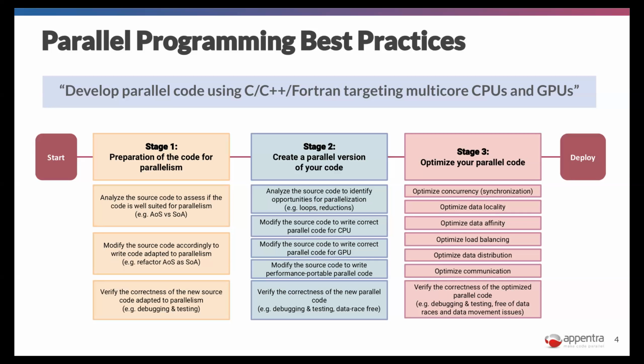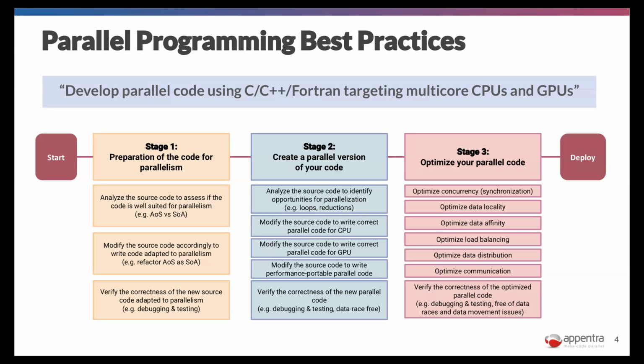Can we execute the reduction in parallel with the appropriate synchronization to guarantee that the result will be correct, first, and second, that the runtime of the code will be faster? So this is stage number 2. We don't really care about increasing the performance. We want a first version that runs correctly. Many times it slows down the runtime of the original version, but we have a starting point to optimize the parallel code. And this is the goal of stage number 3.